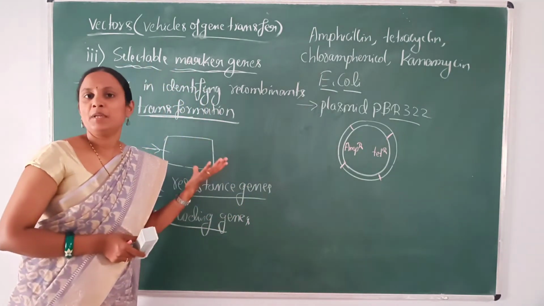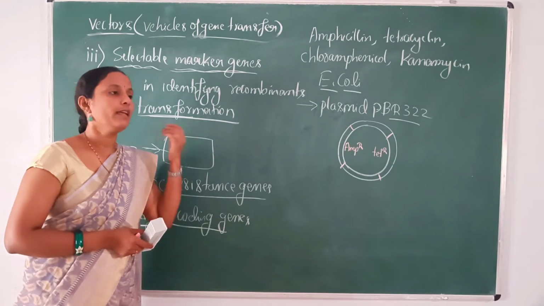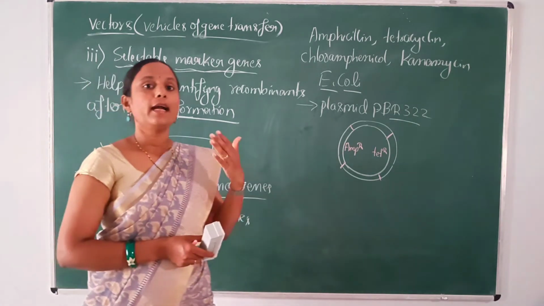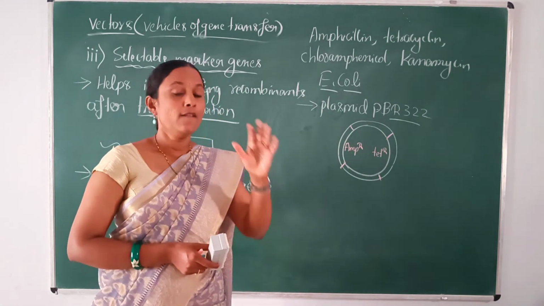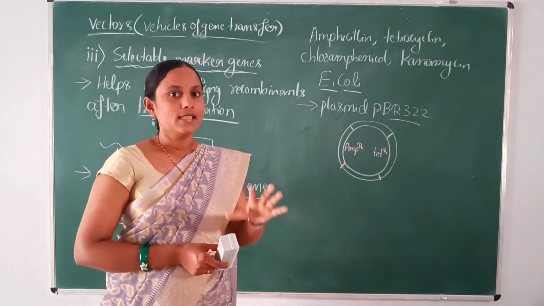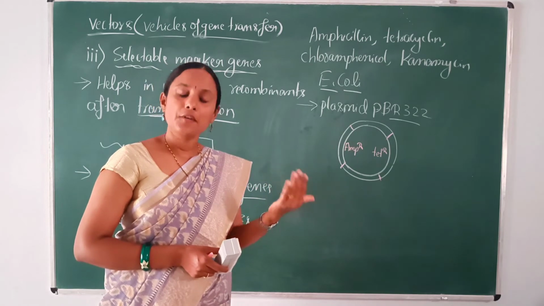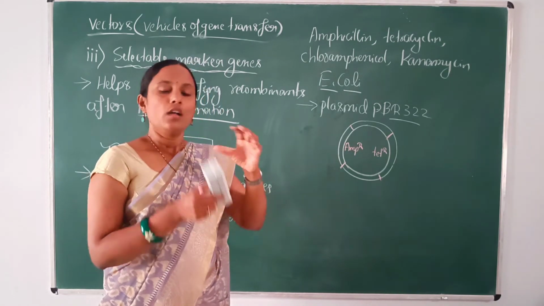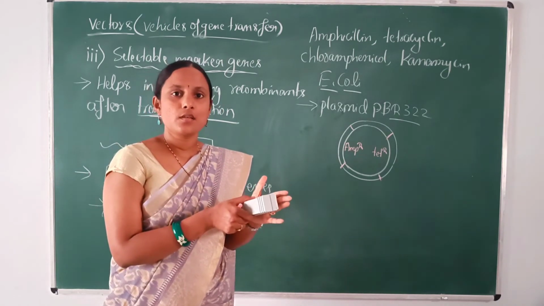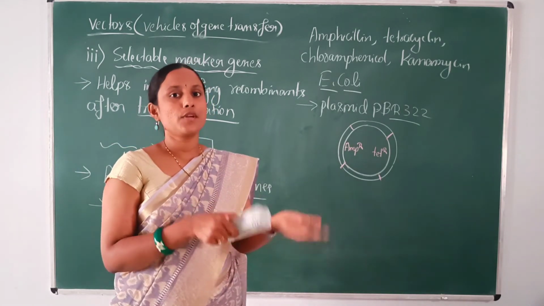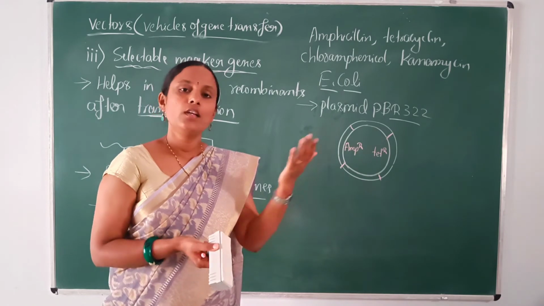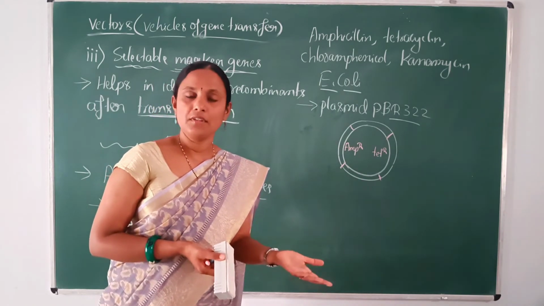And the selectable marker genes, as I told earlier, will be helpful in identifying the recombinants and non-recombinants. That is, whether the cell has the genes of our interest or not. Once we conduct a procedure, it is not sure whether the DNA is transferred or not, because everything is not visible.